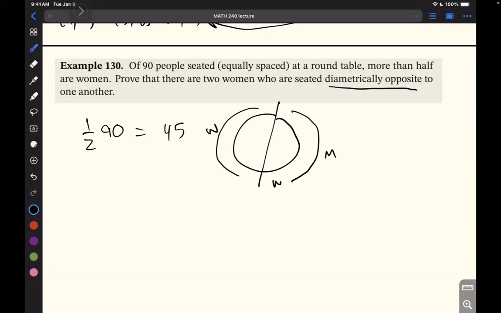And that woman is going to be diametrically opposed to them. Yeah, that's the idea. So a good strategy is to break it in half. And if we have more than half somewhere in the problem, then there we go.